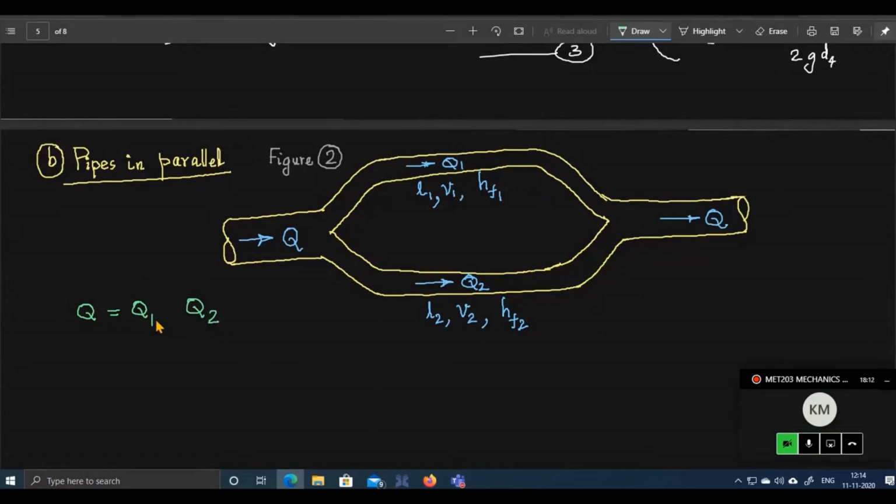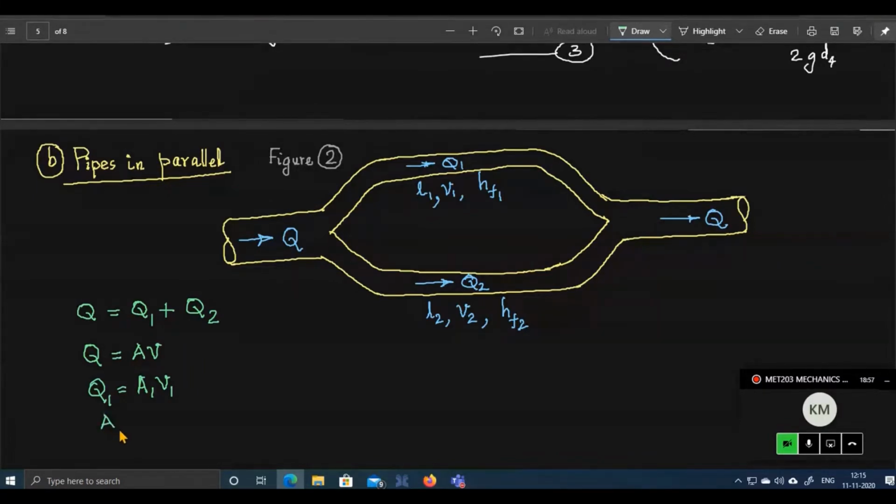So Q1 and Q2. Obviously, since the pipeline is getting divided into branches, the discharge also will be getting divided. Q is equal to Q1 plus Q2. So Q for the common pipe, you can write A into V, and Q1 will be A1, the area of cross section of the first branch pipe, into V1, the average velocity of flow in the first parallel branch.